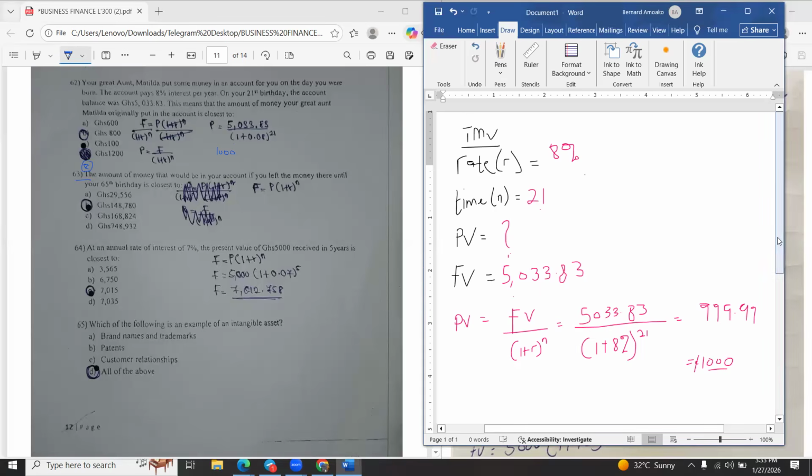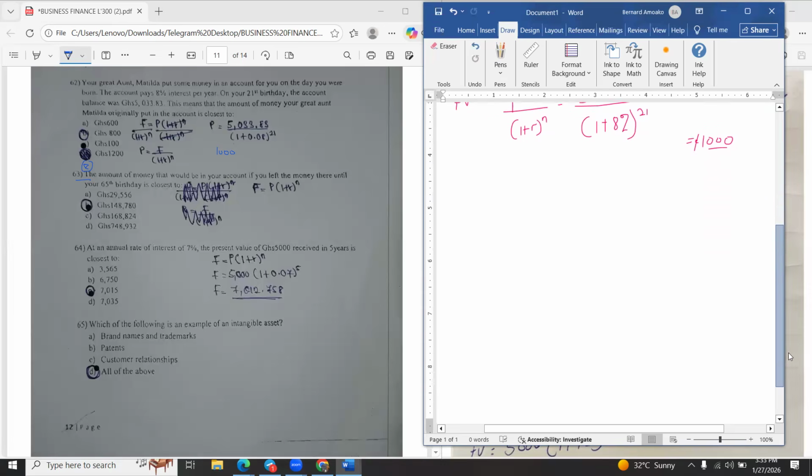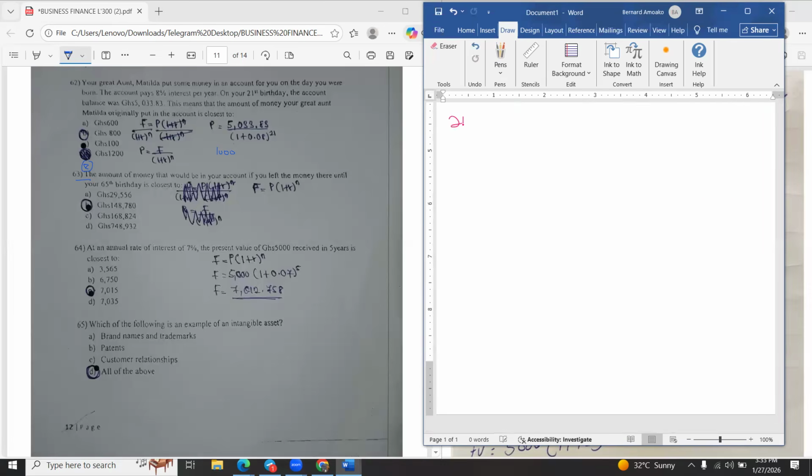So there are two ways of going about this question. When you were 21 years, you had 503.83. Assuming you want to be 65 years, how much money would you have in your account?